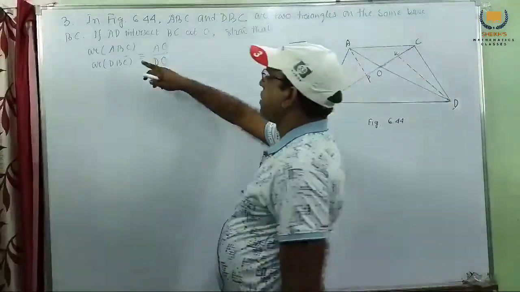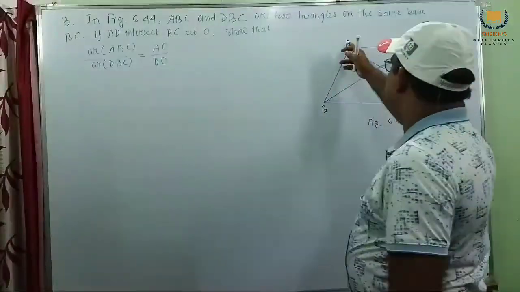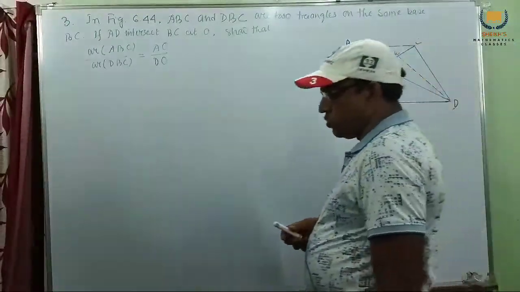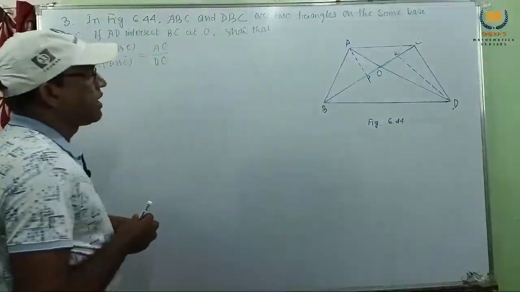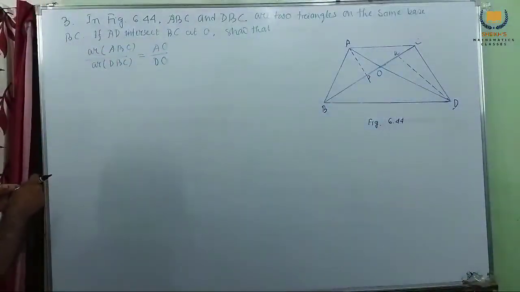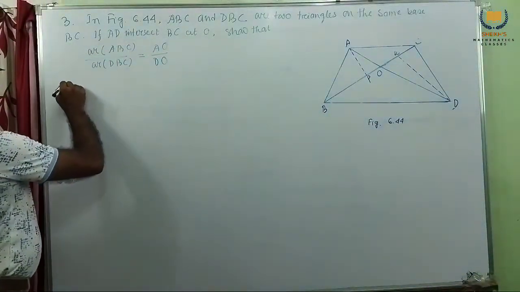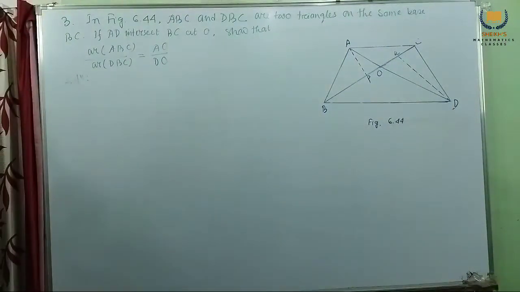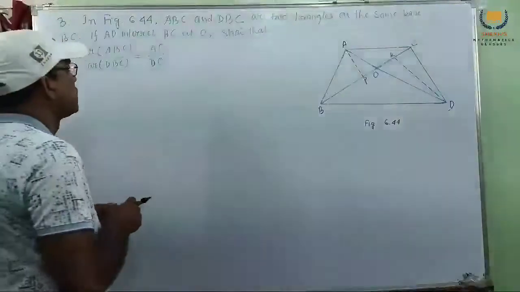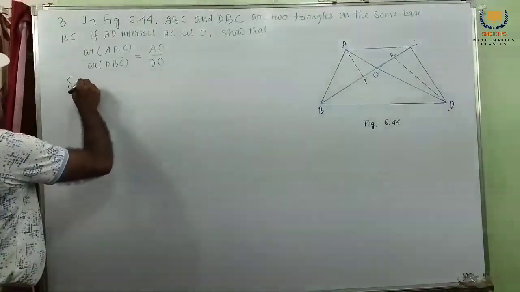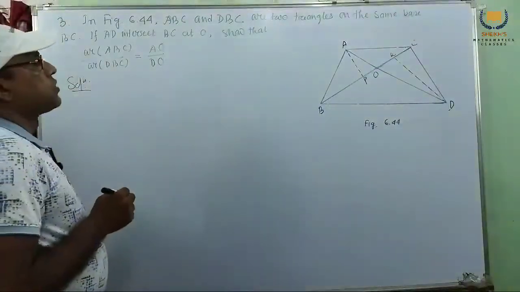So we have to show that these two triangles ABC and DBC, their ratio equals AO by DO. Now the solution starts.